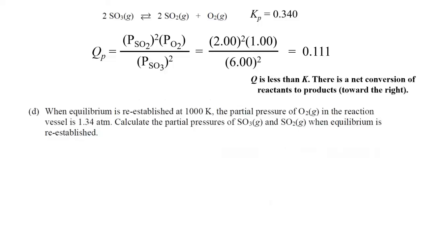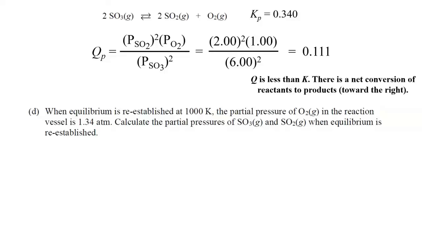All right, so let's take a look at part D. When the equilibrium is reestablished at 1000 kelvins, the partial pressure of O2 in the reaction vessel is 1.34 atmospheres. Calculate the partial pressures of SO3 and SO2 when equilibrium is reestablished.